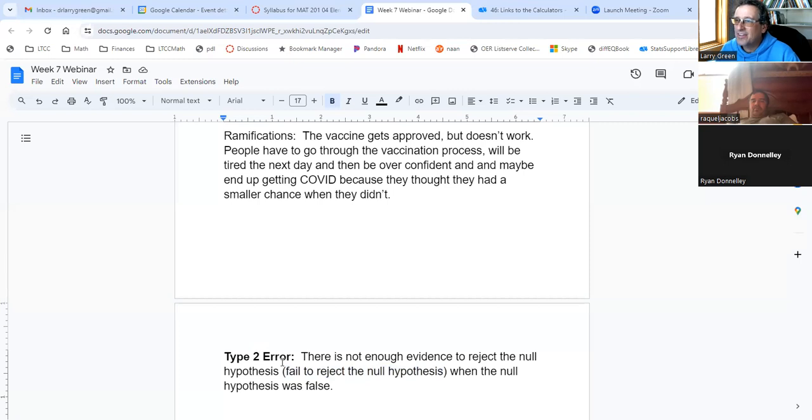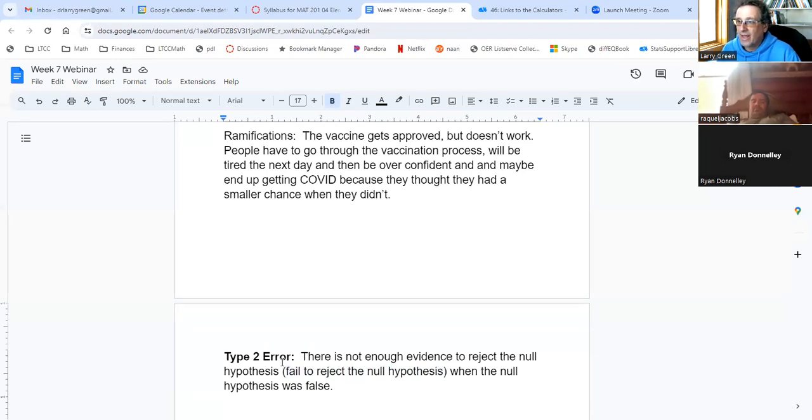Yeah, they lose access to a functional vaccine. It means the vaccine doesn't get approved, so nobody gets vaccinated, even though this vaccine works. So our country can't get vaccinated. We have the COVID nightmare when the vaccination actually worked.